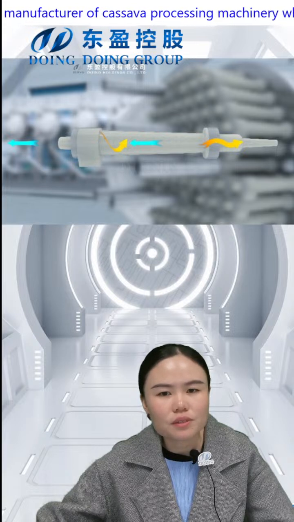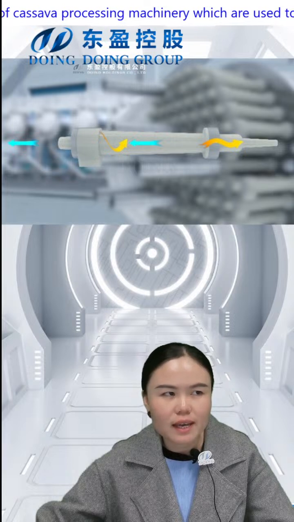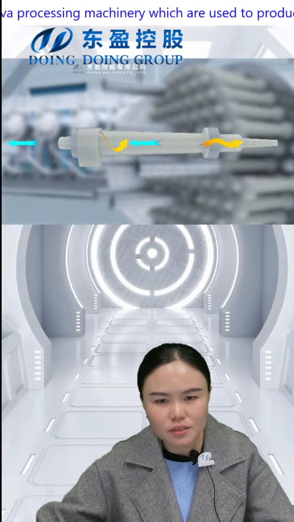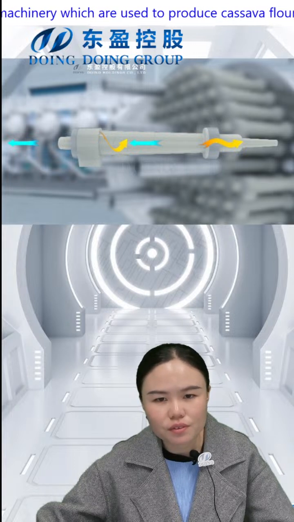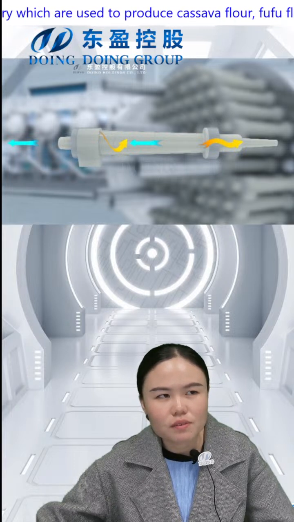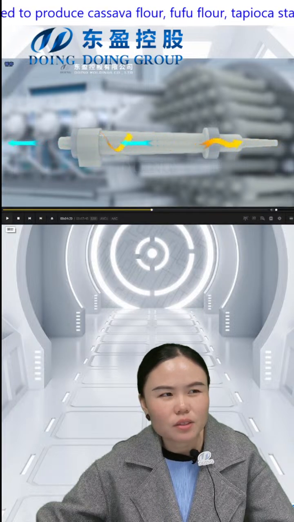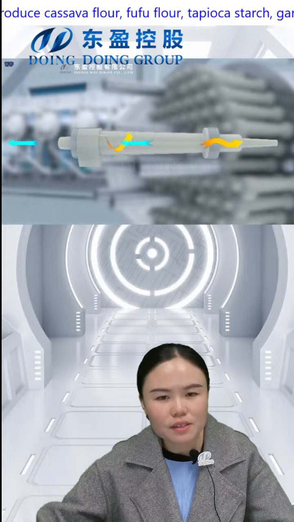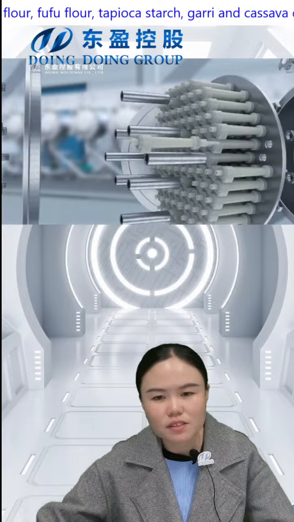And we know that starch material is heavier, and protein material is lighter. So they have different centrifugal force, and then they will be separated in different directions. The blue direction is protein, and the yellow direction is the starch.